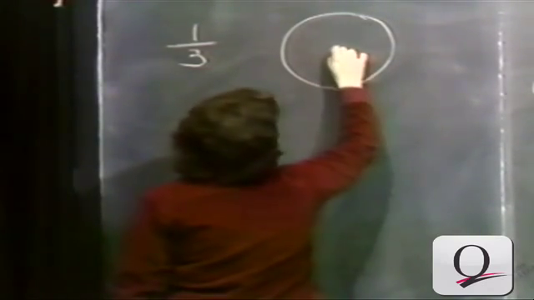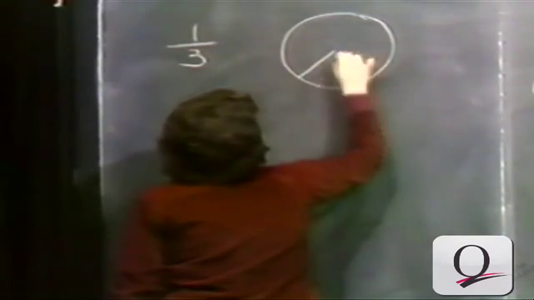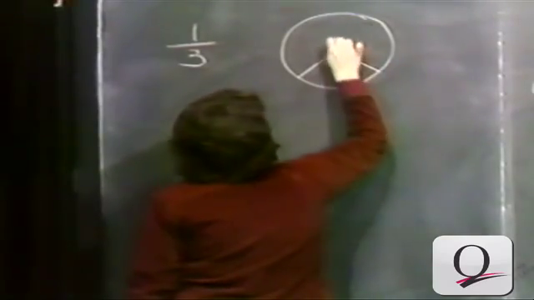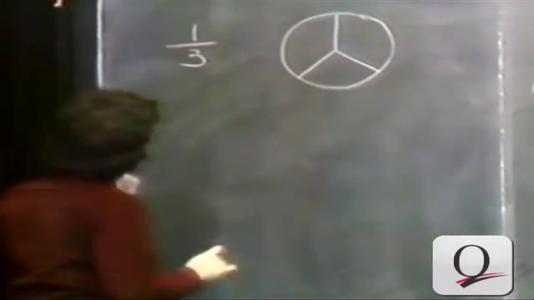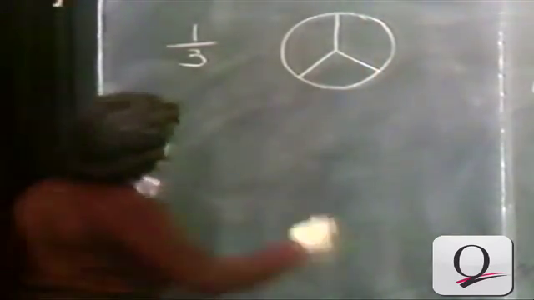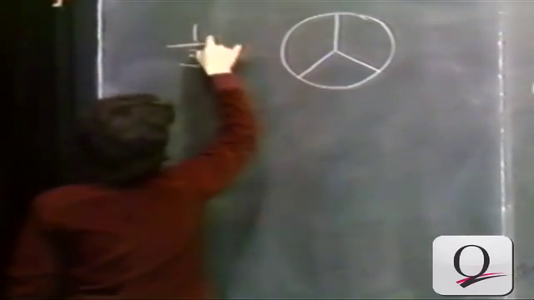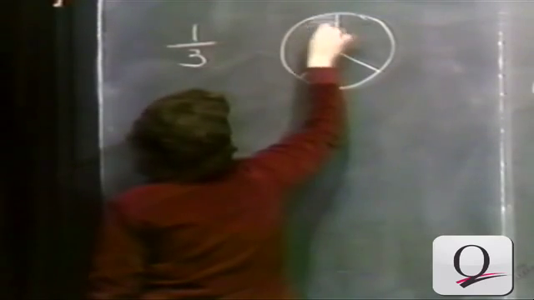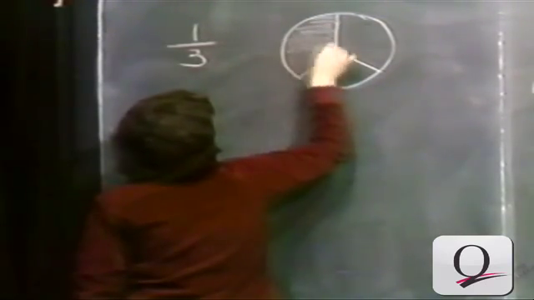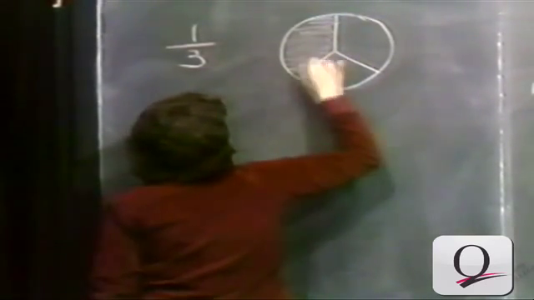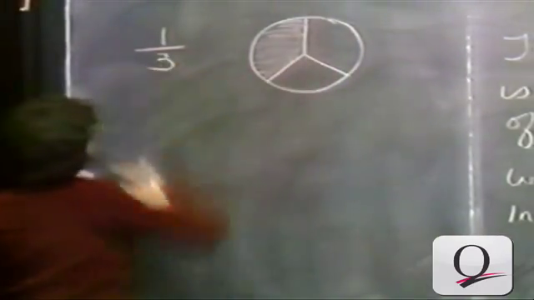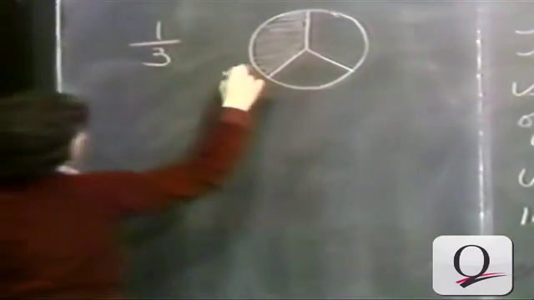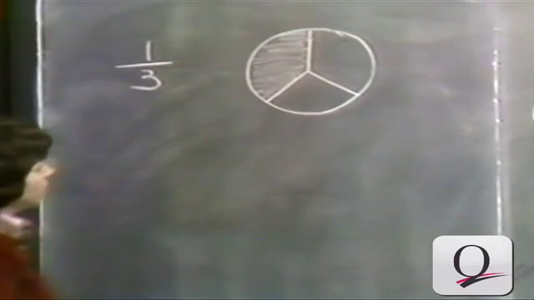In this case, 3. And the numerator tells us how many pieces of pie we are concerned with. In this particular case, only 1 piece out of the 3, 1/3 of the pie, and we can shade off a section of the pie. 1/3 represents 1 out of 3 here.